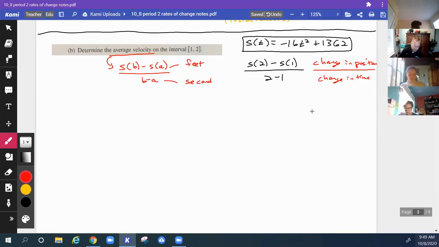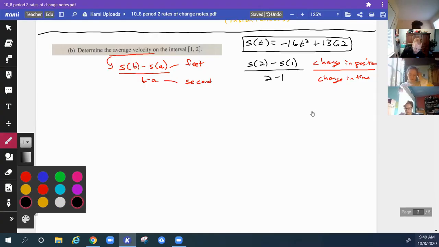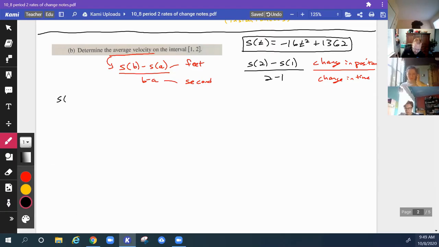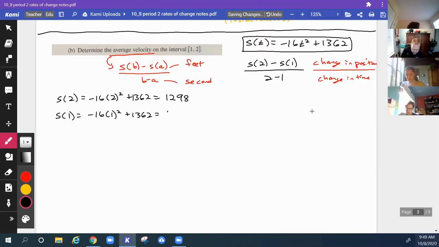So this is where I just plug into my calculator. I know that s of 2 is negative 16 times 2 squared plus 1362, so that's 4 times the negative, giving 1298. I know that s of 1 is negative 16 times 1 squared plus 1362, which gives me 1346.